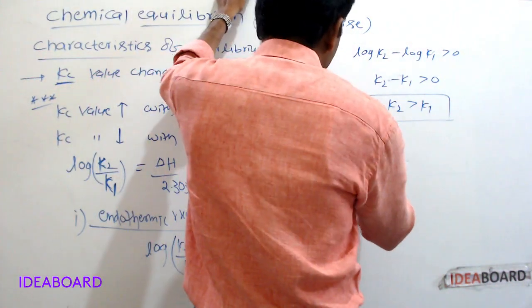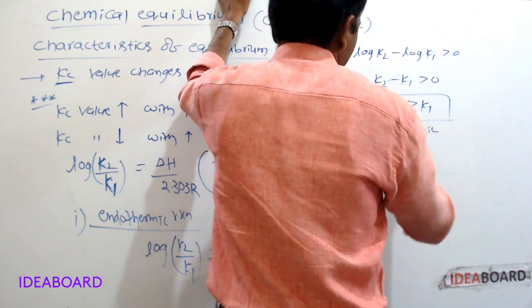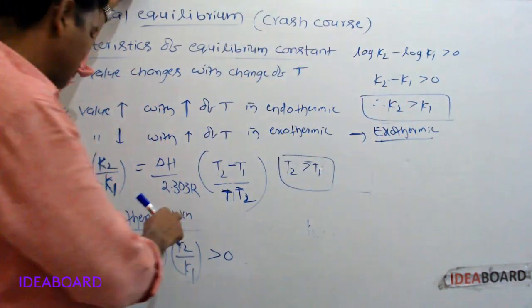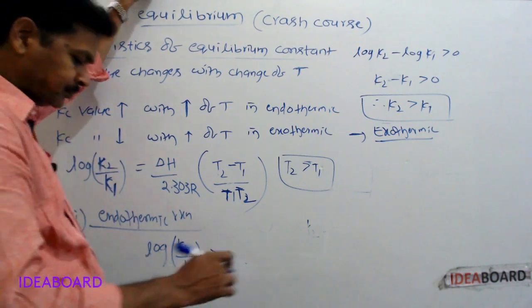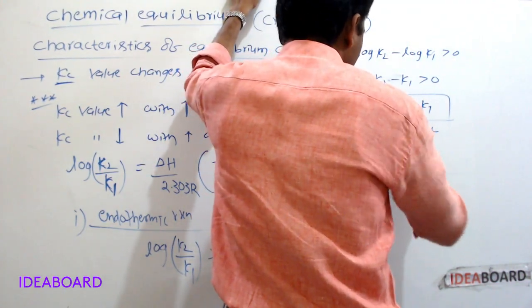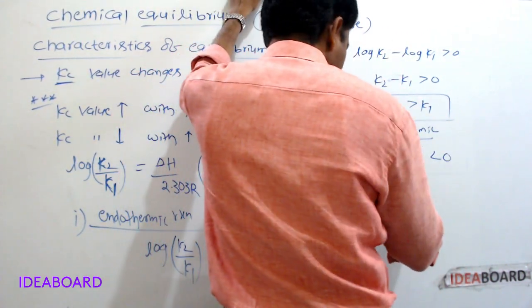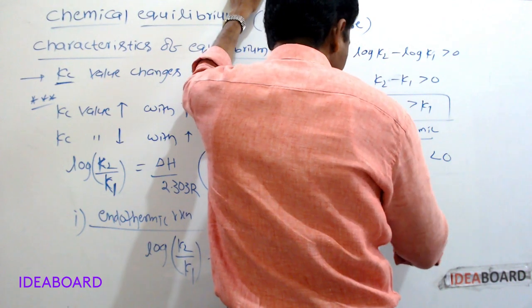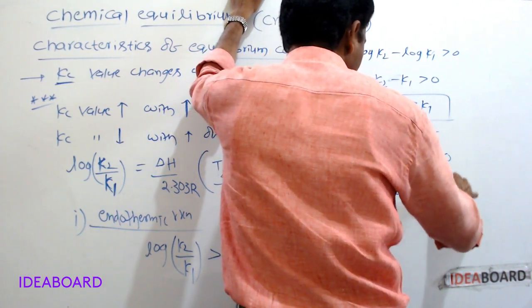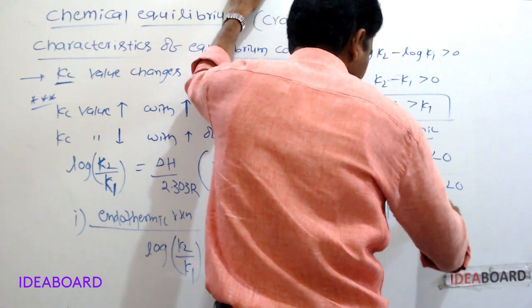If we take exothermic reactions, this delta H value is negative. Then log K2 by K1 is less than 0, so log K2 minus log K1 is less than 0, and K2 minus K1 is less than 0.